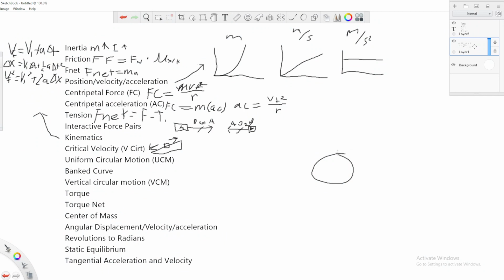If you've got a circle and you've got a point here, and it's rotating around this center right here, you're going to have your centripetal acceleration, ac, pointing always towards the center. ac is always towards the center. Also, Fc is towards the center too. Those are the same thing. They're also pointing the same way. One is just without math. And then your tangential velocity.